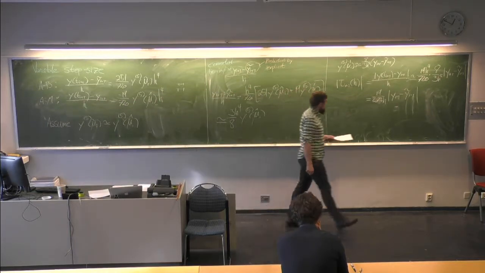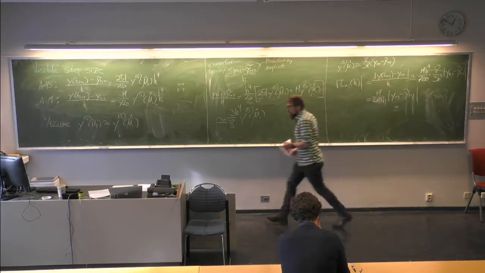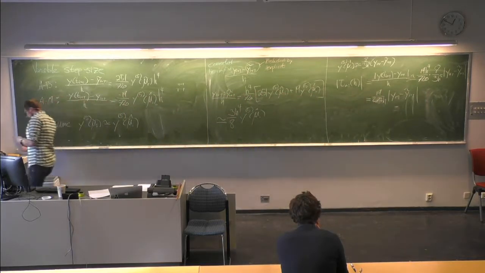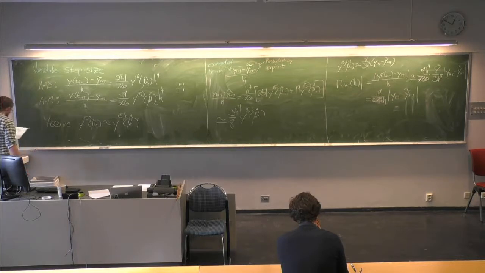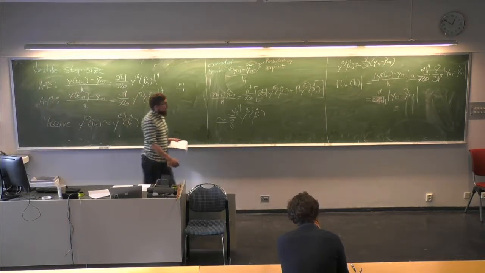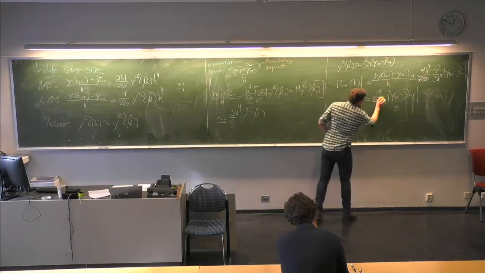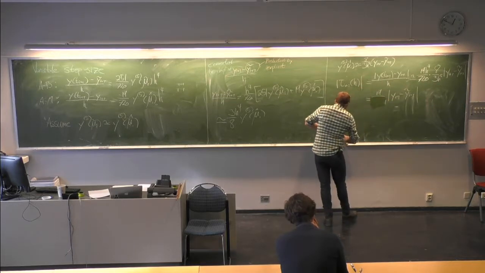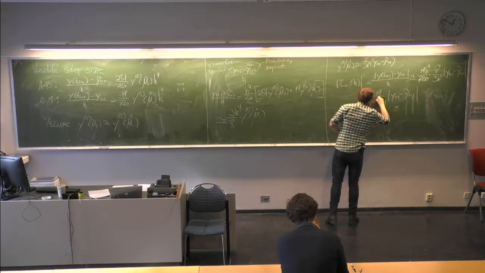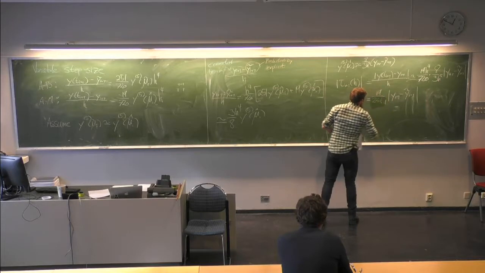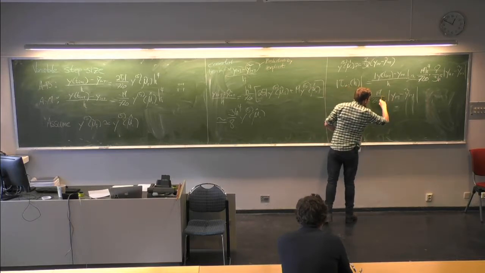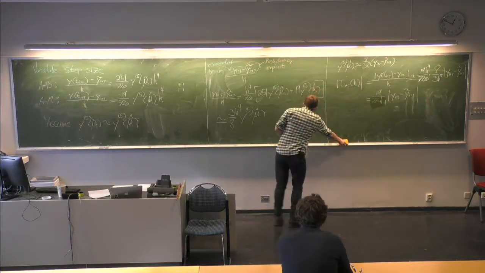Okay, so if we try to reconsider the new step size, we also get new approximations. So we want to choose this one, 270 h, 270.